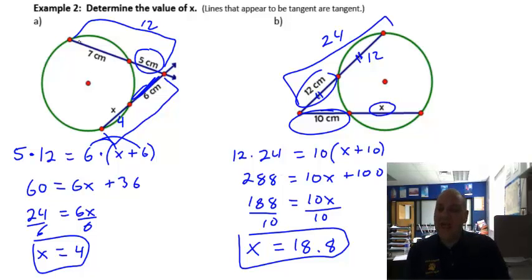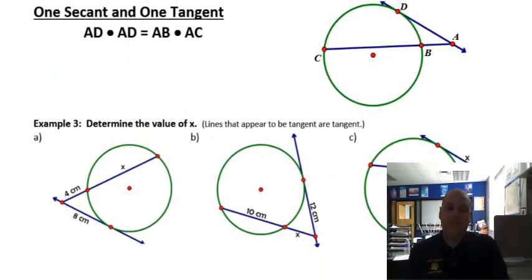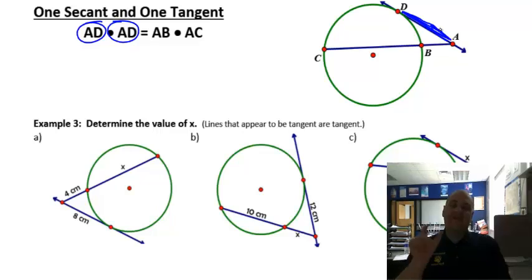And then the last relationship is one secant and one tangent. So it's like a picture like this, or like this, or like this. It's AD, that's the tangent segment, times AD, so times itself. It's the tangent times the tangent.